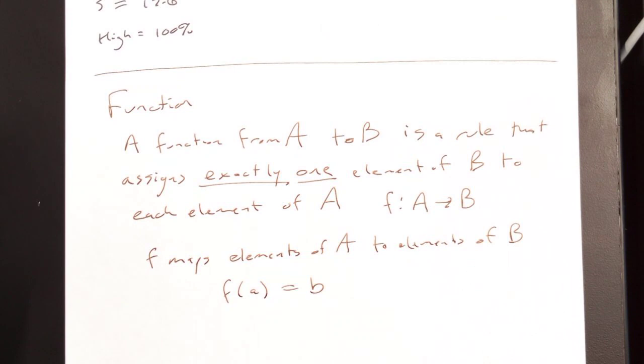The word map here kind of indicates the set behavior. I have this set of things over here, and I transform it into this set of things over here. So you'll often hear these called transformations instead.